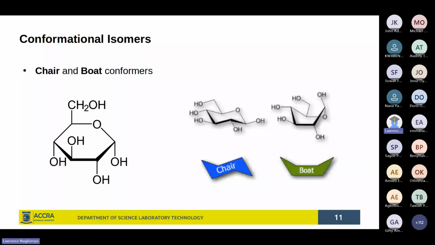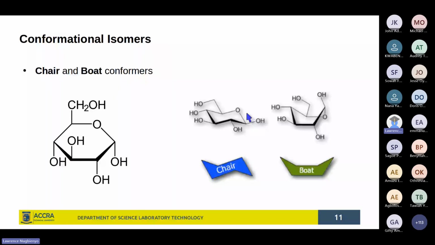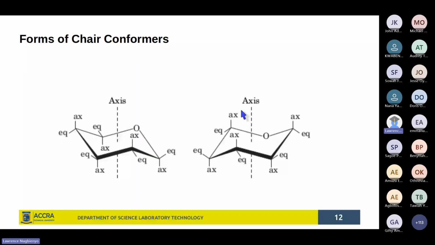Okay, so I think we can look much more at the forms of the chair conformers. If you look critically at this, you realize that this oxygen is up there at the top, but you can have a chair conformer such that the oxygen actually collapses in, whilst it is the carbon with a CH2OH which is up. So you can have these two forms of conformers.